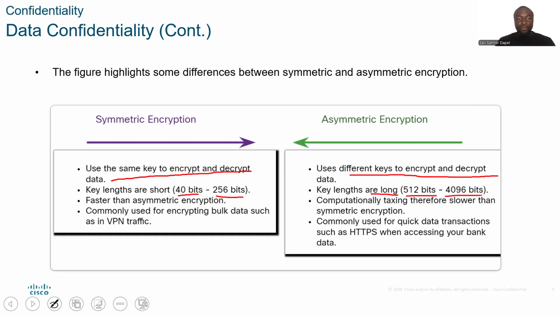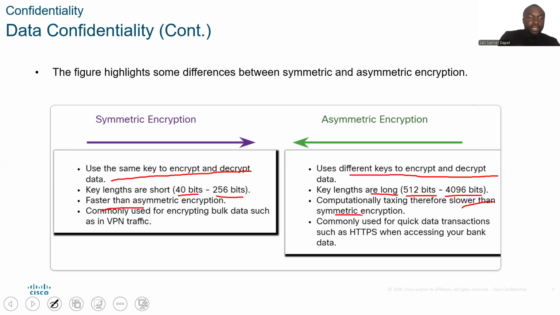Then the symmetric is faster than the asymmetric in encryption. The asymmetric is computationally taxing, therefore slower than the symmetric. So the symmetric is faster, the asymmetric is slower.